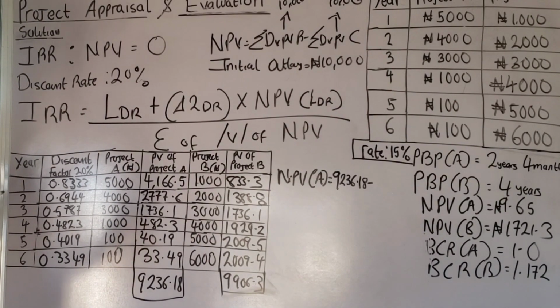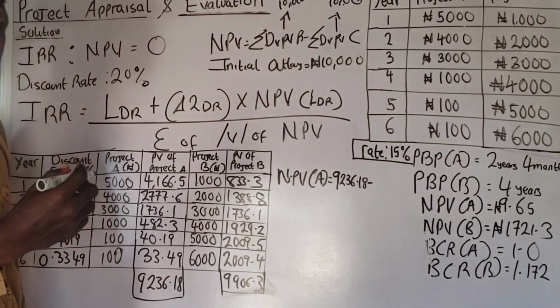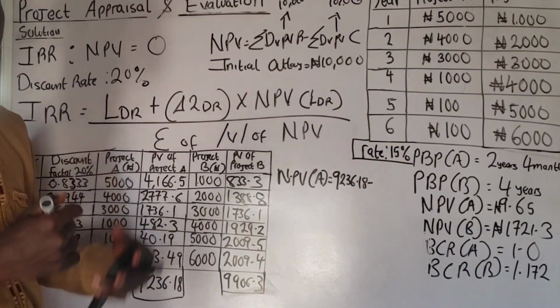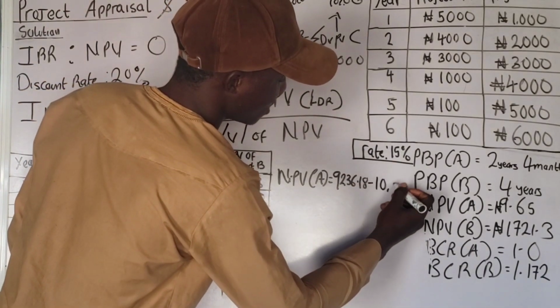You understand? The cash outlay is what? 10,000 naira. So I've told you the reason why we use 10,000 naira directly. So for this, I'm going to have minus 10,000.